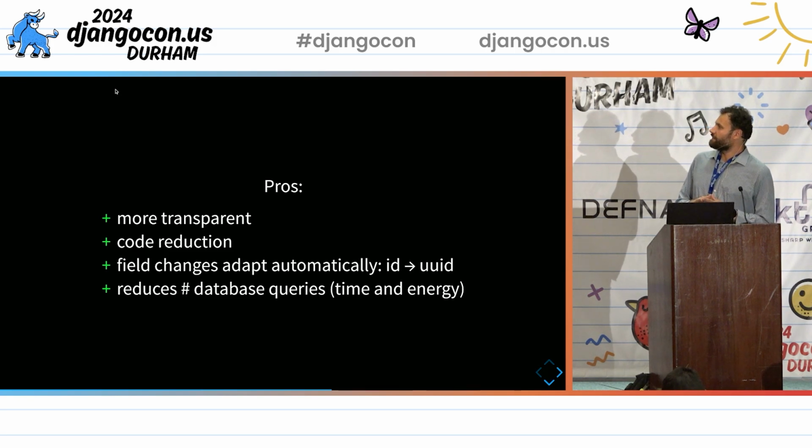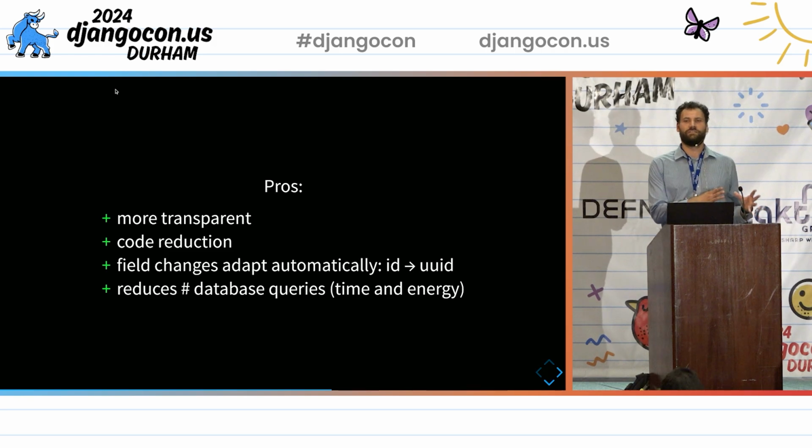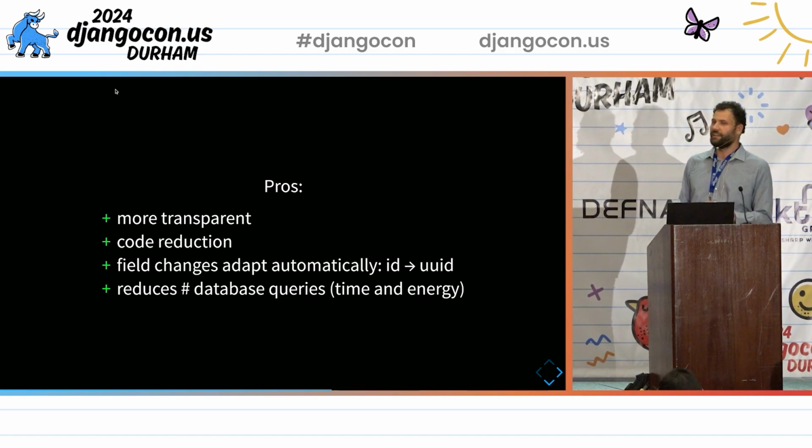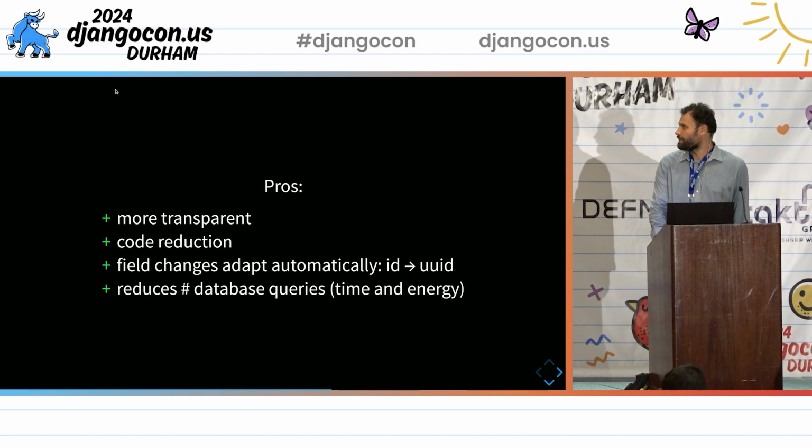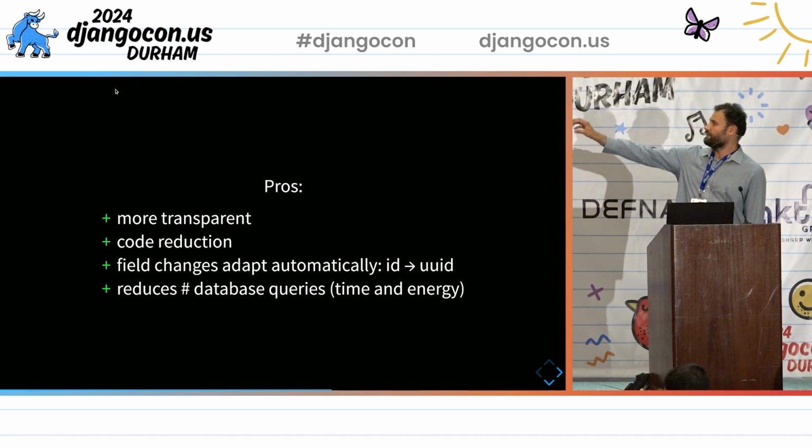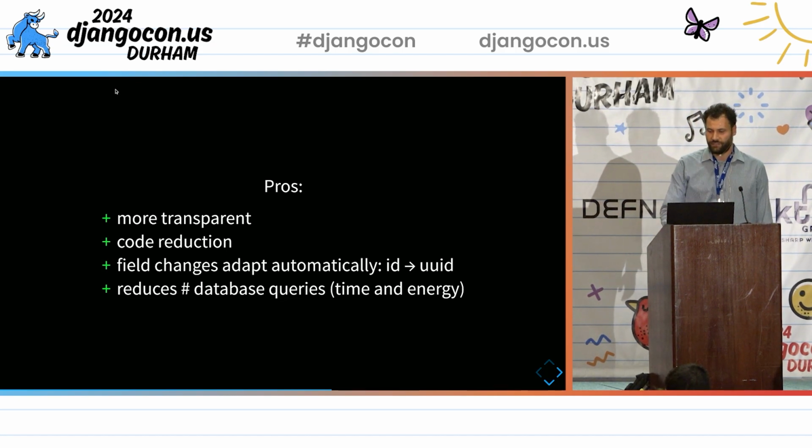You can also make it work if your field changes. So imagine that you have a model that's first an integer field for a primary key, and later on a UUID, that it automatically converts the path converters. So you don't have to waste an entire day changing the patterns of your paths. And as discussed, it can reduce the number of queries to the database.